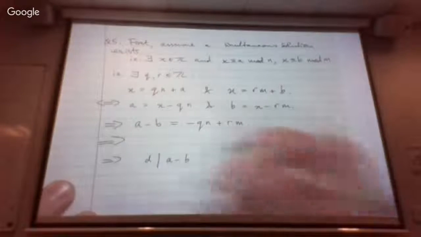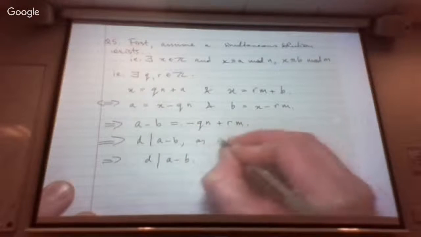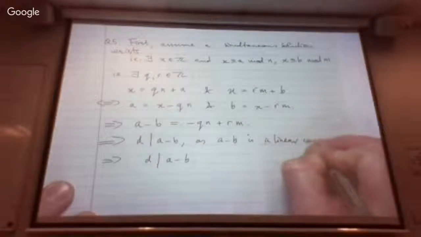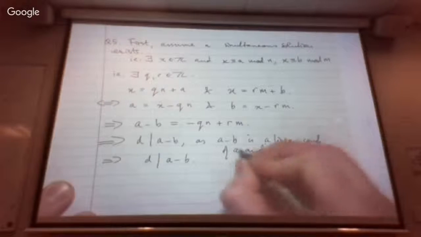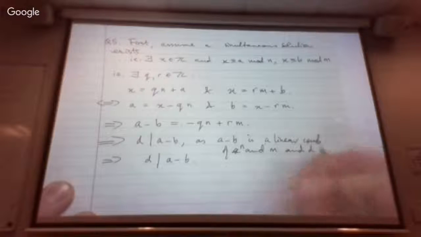That implies D divides a minus b, as a minus b is a linear combination of n and m, and D is a common divisor of these.